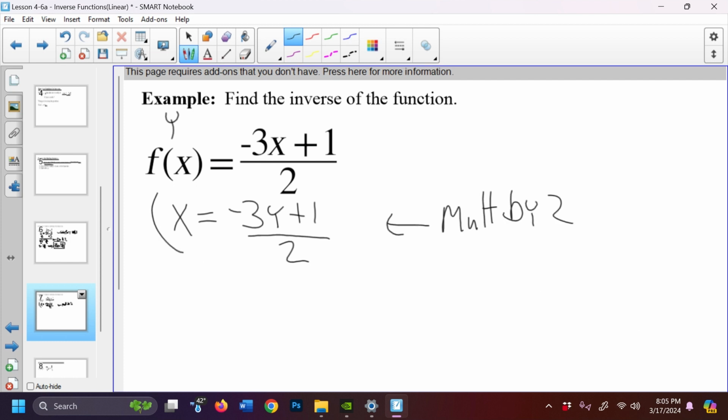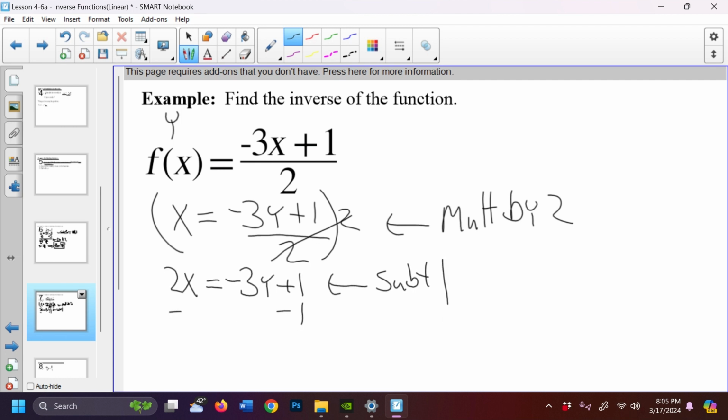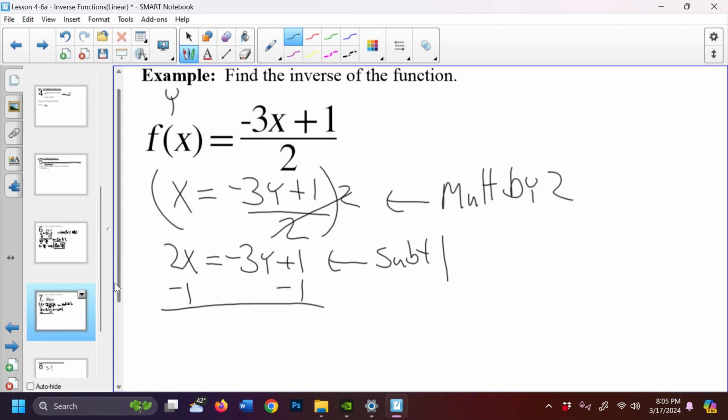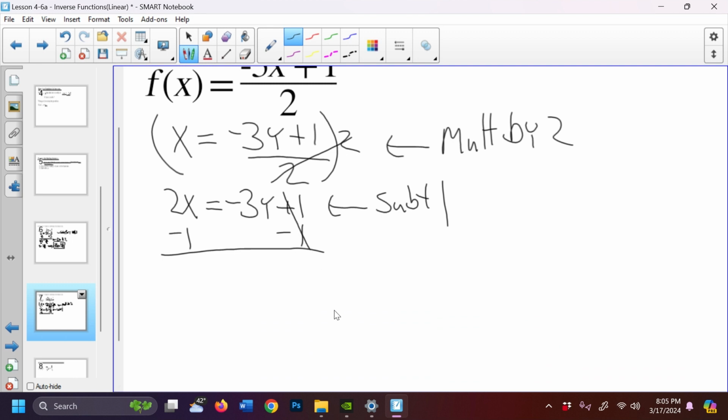When I multiply the whole thing by 2, these two cancel, and then 2 times x is 2x equals negative 3y plus 1. Here we will subtract 1 from both sides. These are unlike terms, so they will cancel. And I'll have 2x minus 1 is equal to negative 3y.